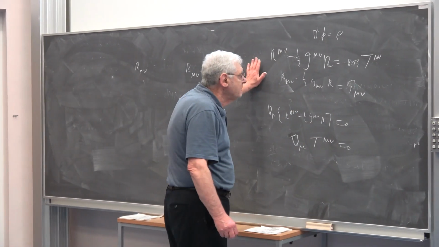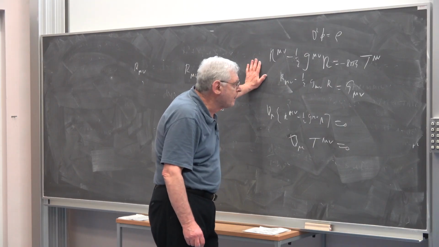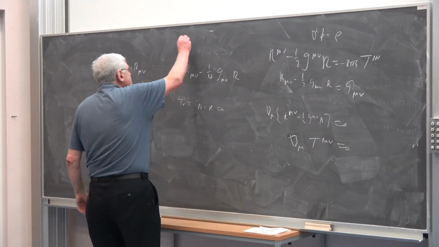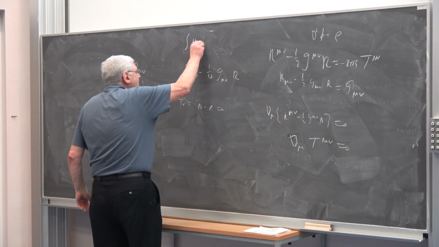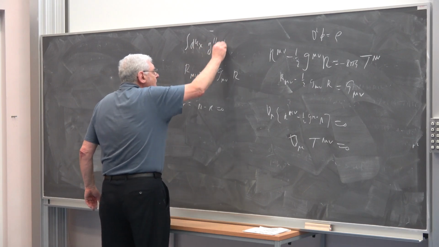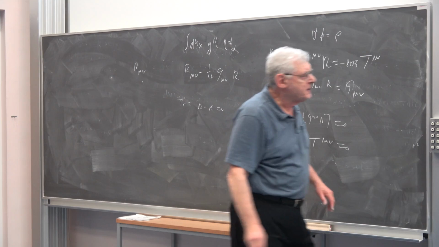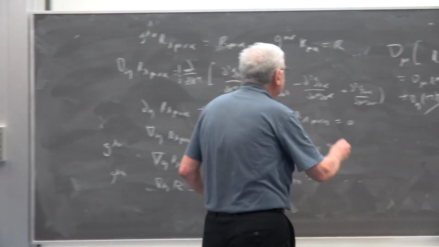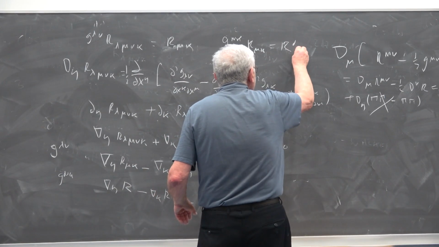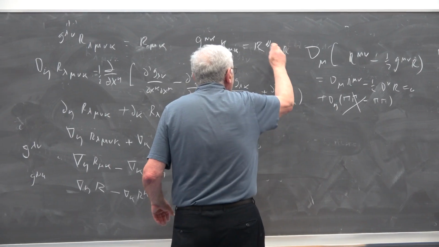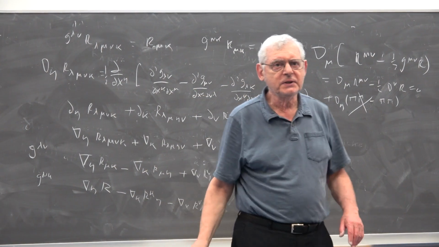Now let me just mention to you that if you take an action, d4x g to the half times the Ricci scalar, sometimes I write it as R, and sometimes I write it as R alpha alpha, where I summed over alpha. Either notation is fine.